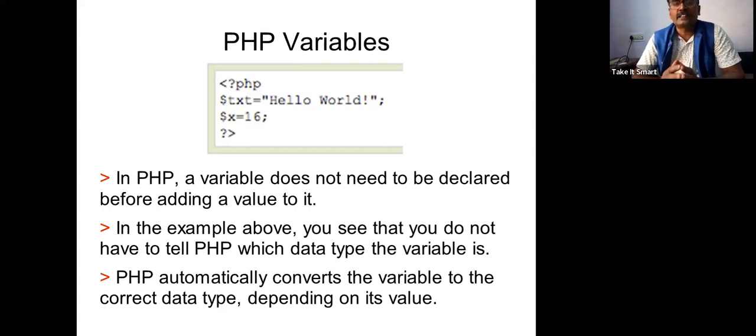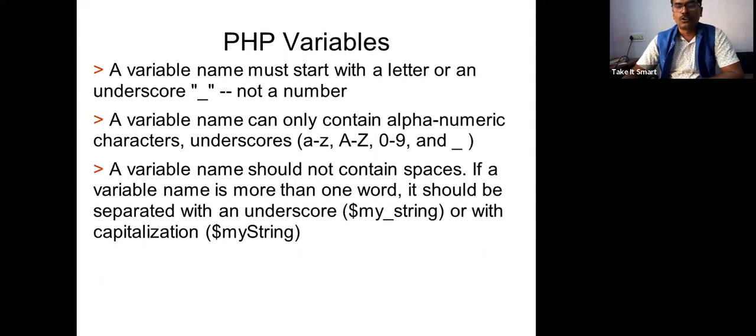If you are assigning a string value, its type is going to become a string. Fine. So we don't require to declare its data type. Once we assign the value, the data type automatically gets detected. Fine.